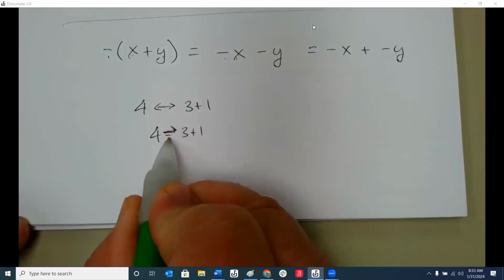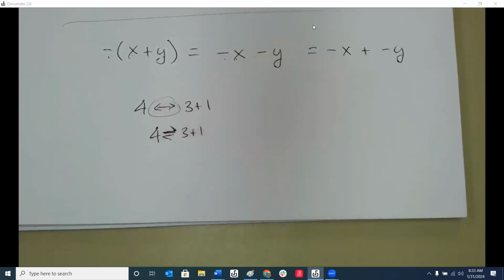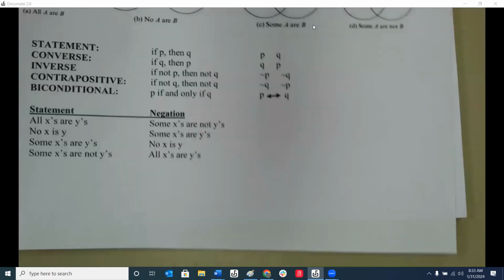This is true, and this is true. That's what that means. So it goes both ways.